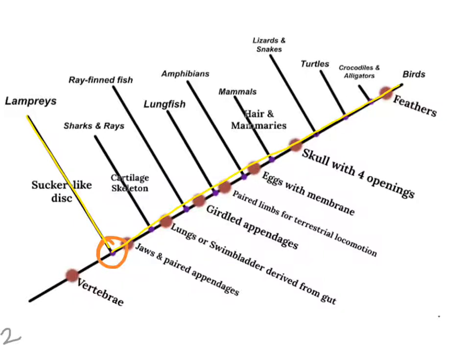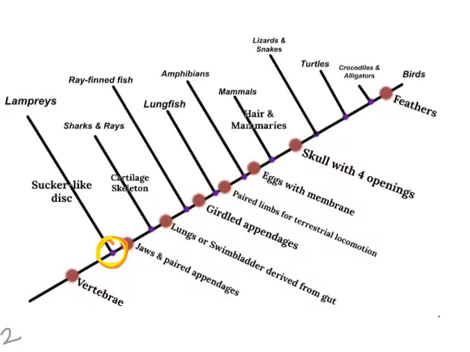Lamprey, that's the common ancestor between birds and lamprey. We can follow the line from sharks and rays back to that point, or from ray-finned fish back to that point. All of them. This point gives us the common ancestor of all of the species, or all the groups, that are shown here.